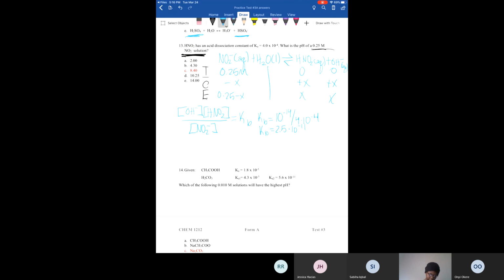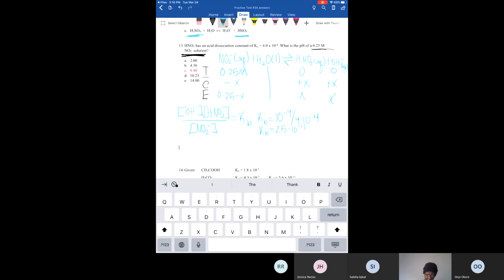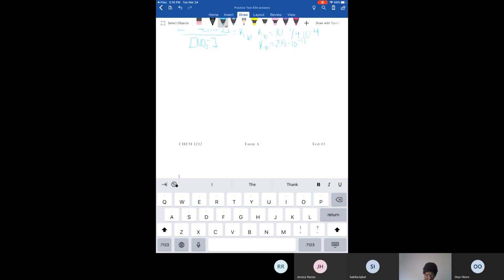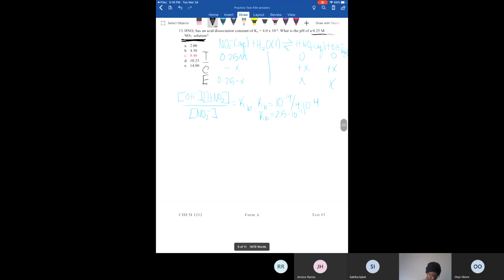So now you can solve. Now you have everything you need. So we've got 2.5 times 10 to the negative 11 equals x squared over 0.25.